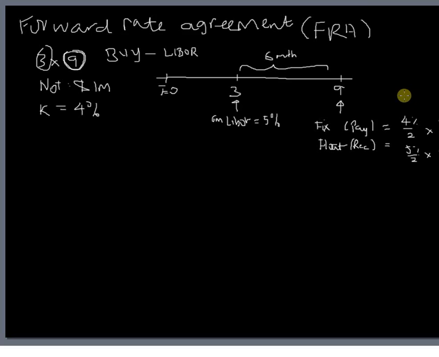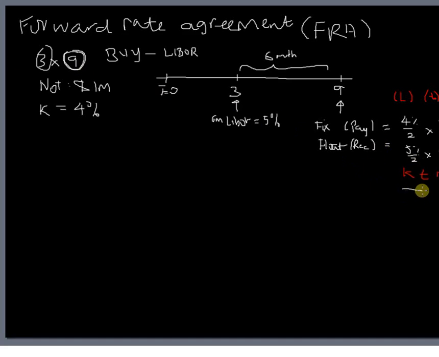I can write in notation form the formula here. Basically, LIBOR denoted by L multiplied by time, which is 0.5, which is 6 months, and the notional. And similarly for here, let's denote the fixed rate by K, and time, and the notional.